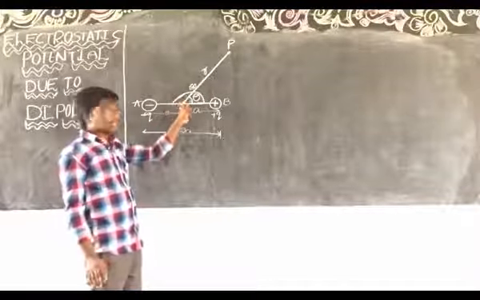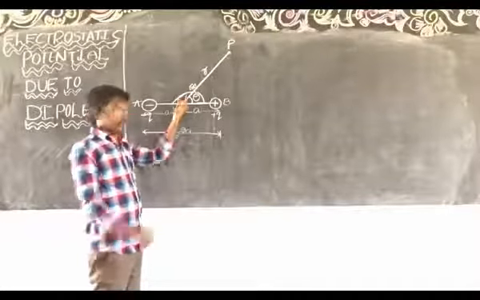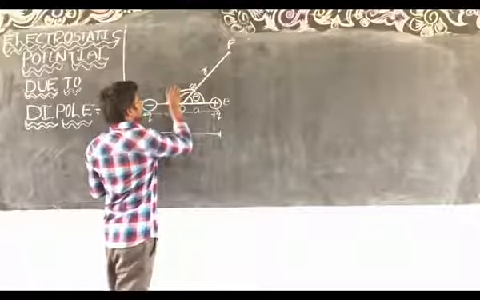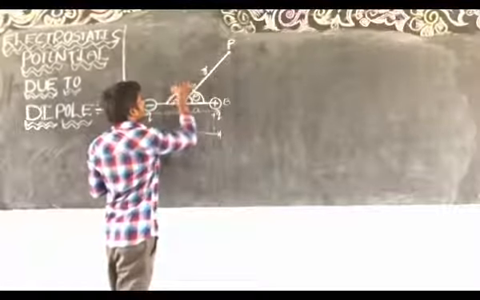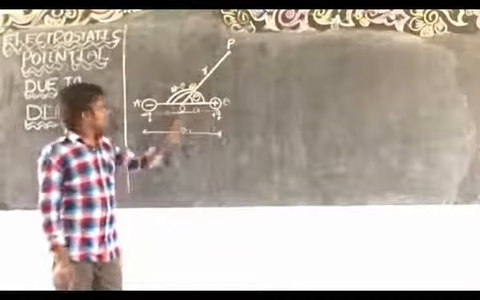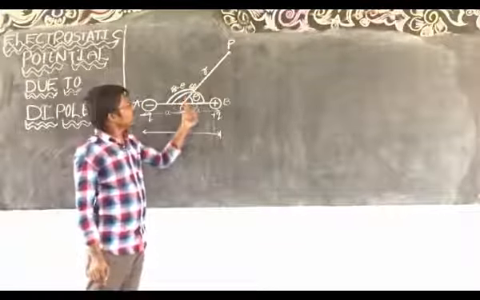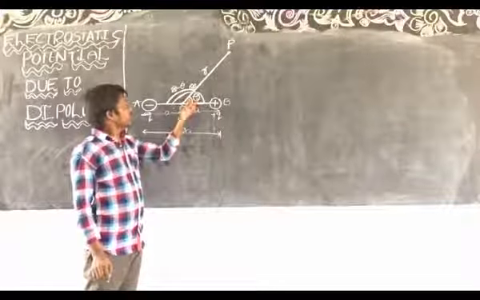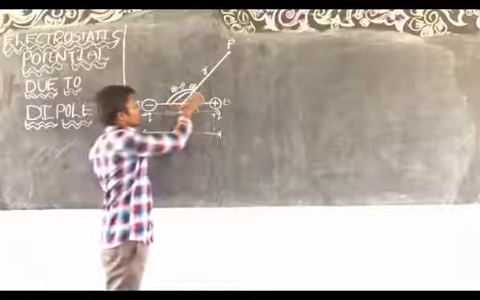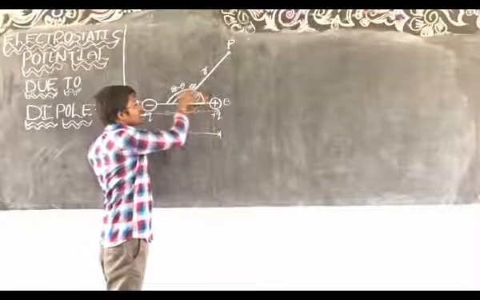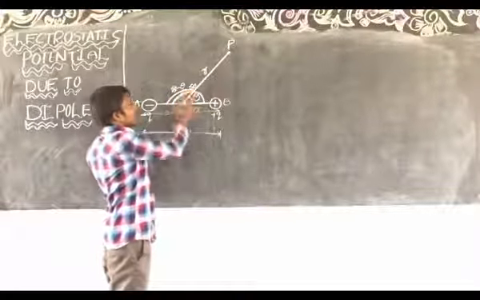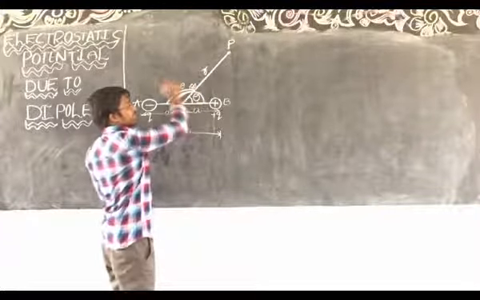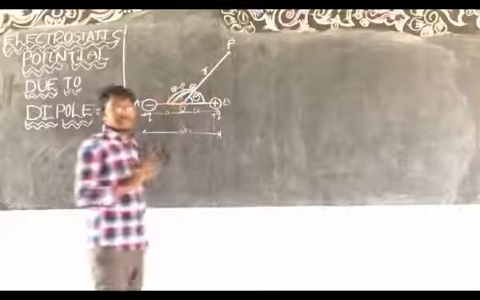Now this is theta, so what is the remaining angle? 180 minus theta. The OP line is making an angle theta with the dipole, the total is 180, so the remaining angle here is 180 minus theta.